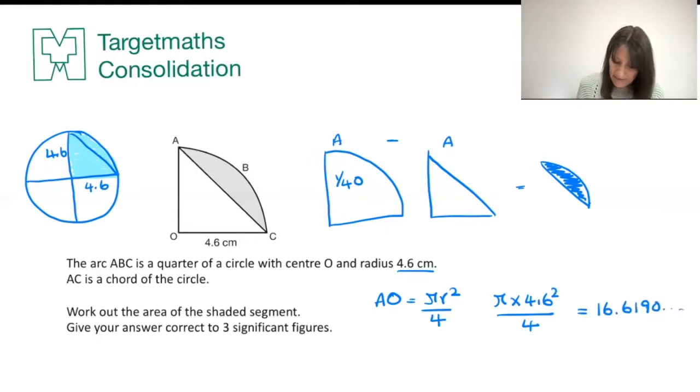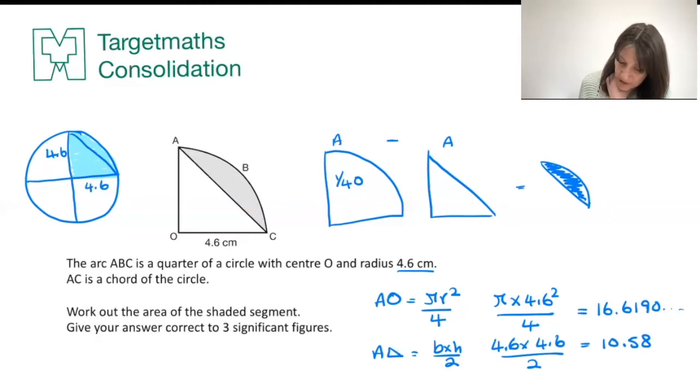Okay. Now the area of my triangle, which is base times height divided by 2. Well, my base and my height is actually the same thing. So I'm going to be doing 4.6 times 4.6, and that's going to get divided by 2, which is going to give me a result of 10.58.